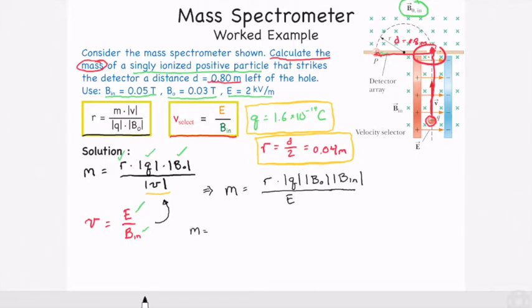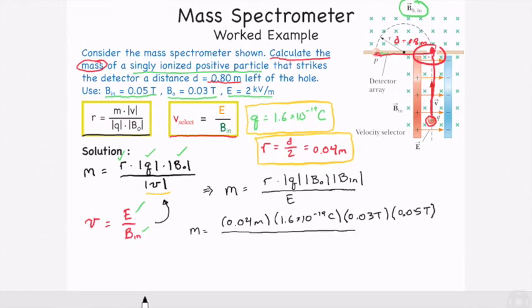That gives us a radius of, as we said, half the distance from the hole to the detector where it hits, so that gives us 0.04 meters. We have the charge as 1.6 times 10 to the minus 19 coulombs. B naught is given as 0.03 Tesla. The input magnetic field is 0.05 Tesla.